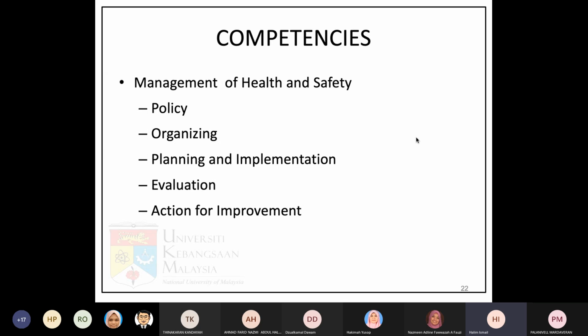Management of health and safety in terms of developing the policy, organizing a committee, planning and implementation of health and safety policy, and evaluation of the program or the policy, and then continuous action for improvement in terms of policy, program, planning, implementation.